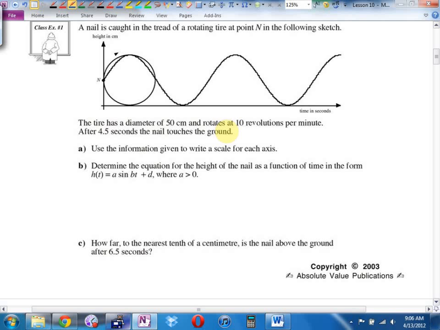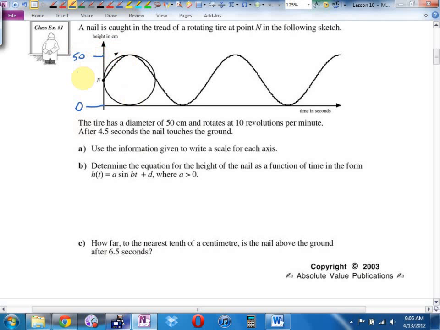Okay. What's the lowest point here? Because I said I'm interested in highest, lowest, and middle. What's the lowest point on this graph? This one's pretty easy. 0. What's the highest point? Can you figure it out? They told you something about the tire. 50, because the diameter is 50.